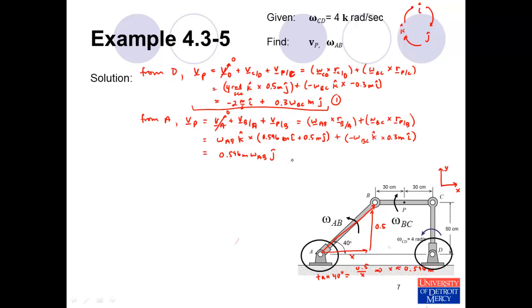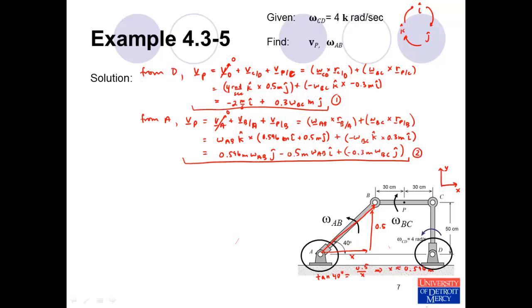We have omega AB times 0.5. k cross j is in the negative i. Then we do our second cross product. We have negative omega BC times 0.3. We have k cross i, it's in the positive j. So this gives us our second relationship for VP.